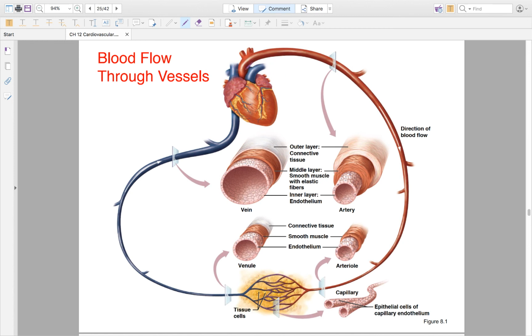So before we get into the heart, let's put all this in one big picture, which we have here. So we know that blood is coming from the heart and it enters the artery system. And this is oxygen rich blood.